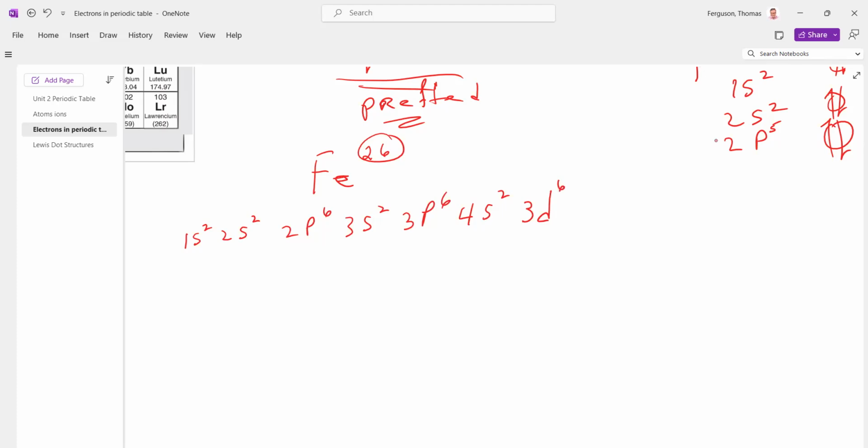So let's add these up and make sure that it adds up to 26. Okay. 2 plus 2 plus 6 is 10. Plus 2 and 6 is 18. Plus 2 is 20. 6 more is 26. So what does the orbital representation look like for that?